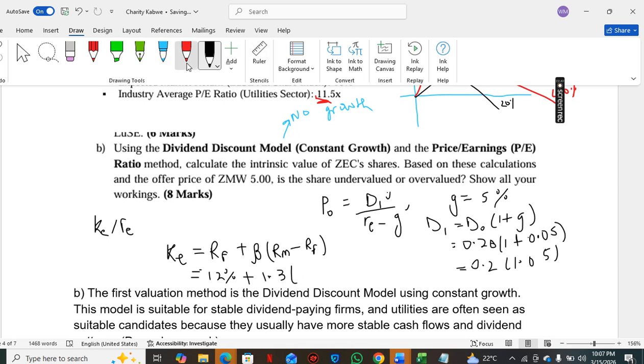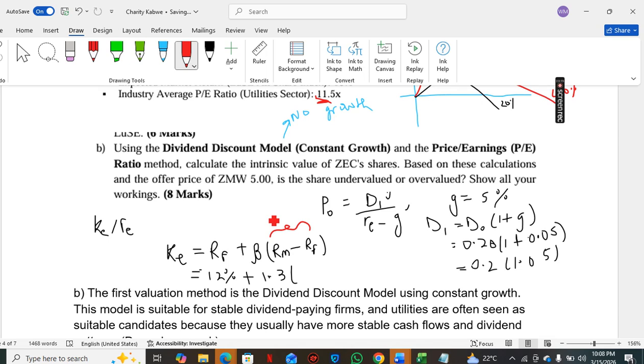Okay. This section here, return on market minus the risk-free rate, is called the equity premium or the market risk premium. What it is just telling you is this: if you choose to invest in securities that have risks, you're going to get an extra return over someone who invests in a risk-free investment.